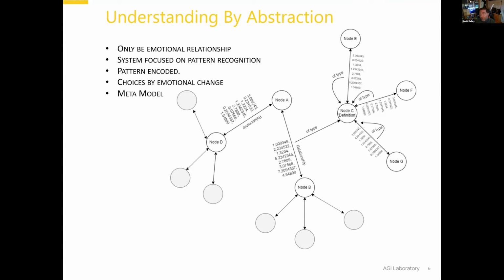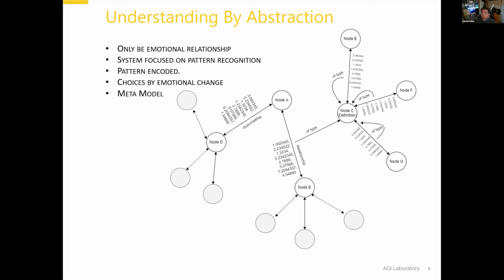So node A or node B or node C, they all represent patterns. A word could be a pattern, but so is a letter, or an image or elements of the image, or whatever it is. They're all just nodes that represent patterns.